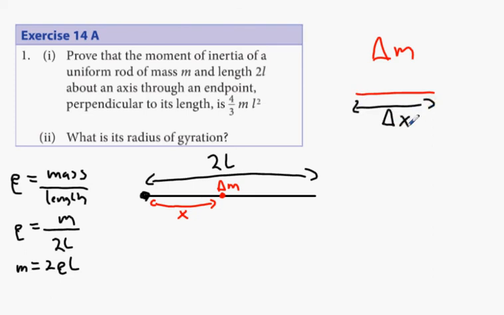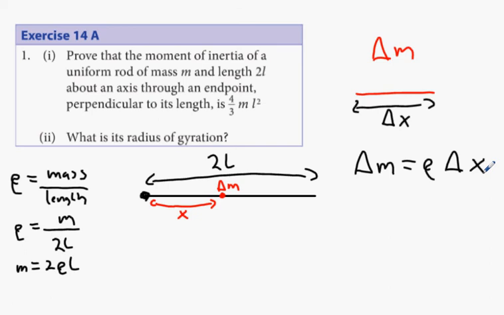We'll call that tiny little length delta x. Is that alright? Once we set up that system, we're then open to setting up our equation. So we can write down that delta m, the mass of this tiny little rod, equals the mass per unit length multiplied by the length of this rod.